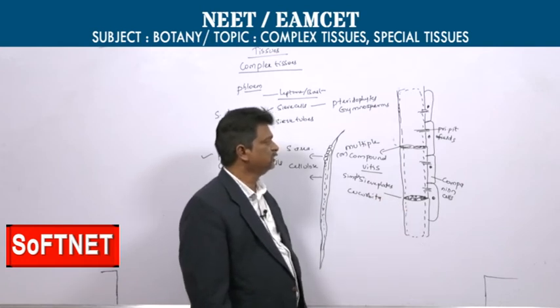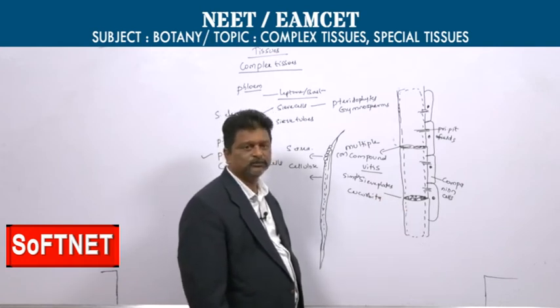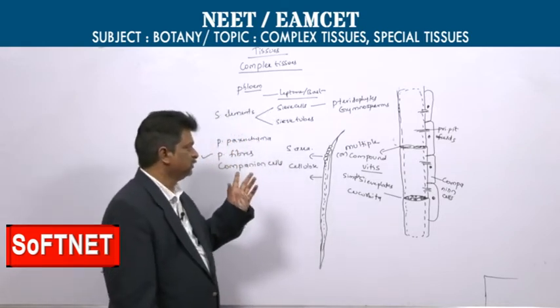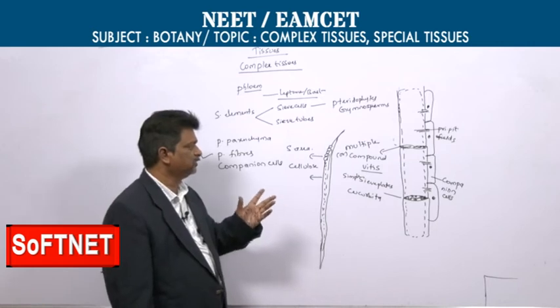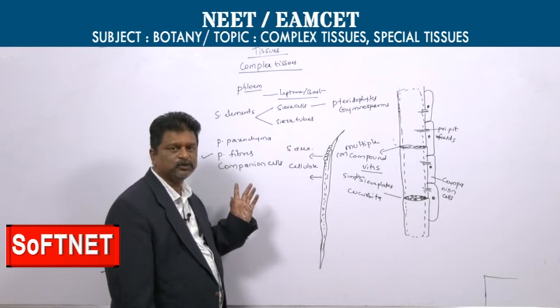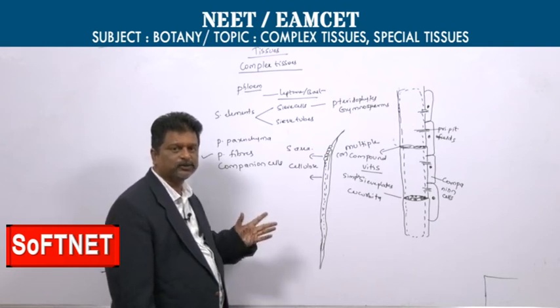That is why the sieve tube is enucleated but living. Sieve tubes and companion cells are present only in angiosperms. In gymnosperms and pteridophytes, these are absent.